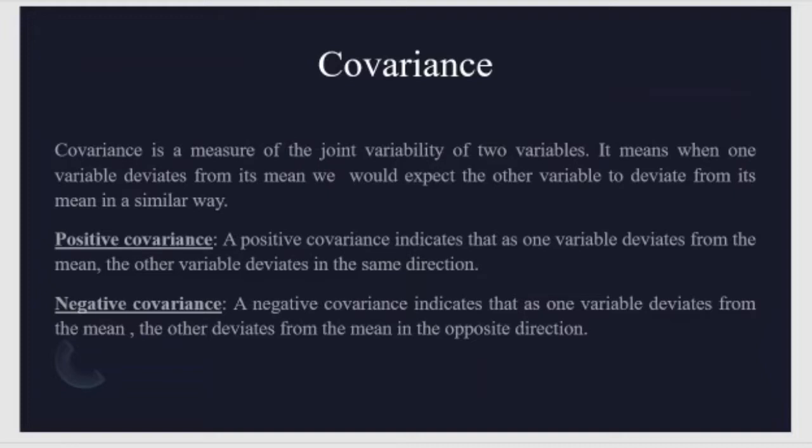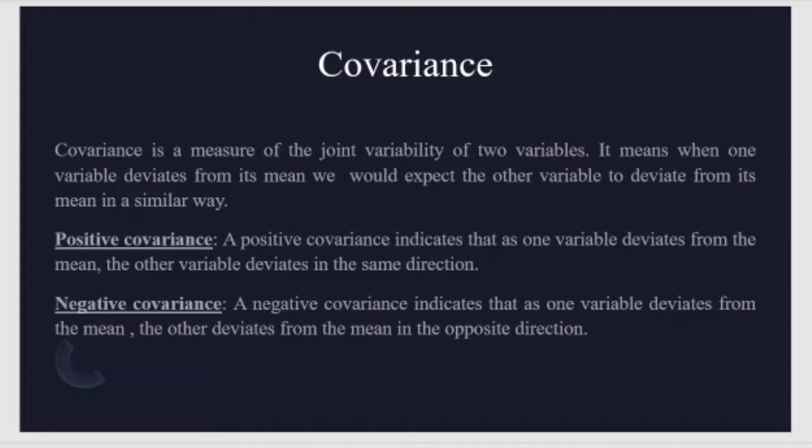So covariance means when there are two variables and they deviate from the mean in the same way, that is covariance. Covariance is related to correlation: if two variables have a similar kind of spread or similar deviation from the mean, that is called covariance.